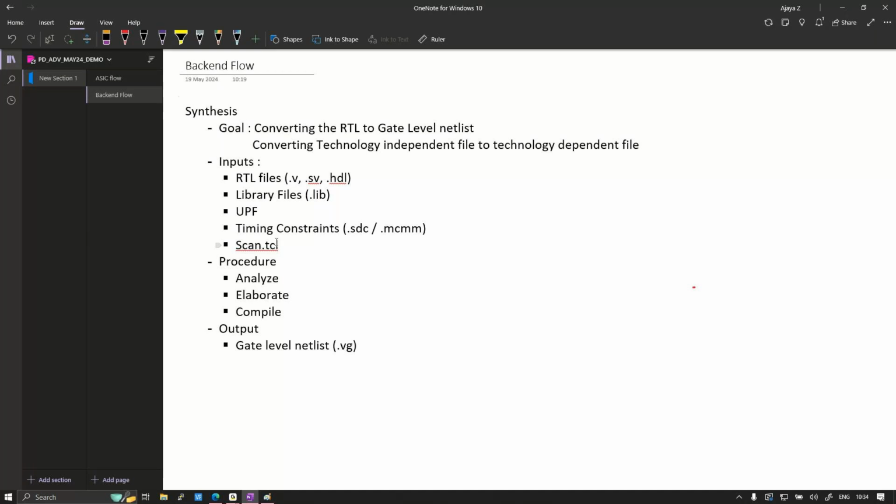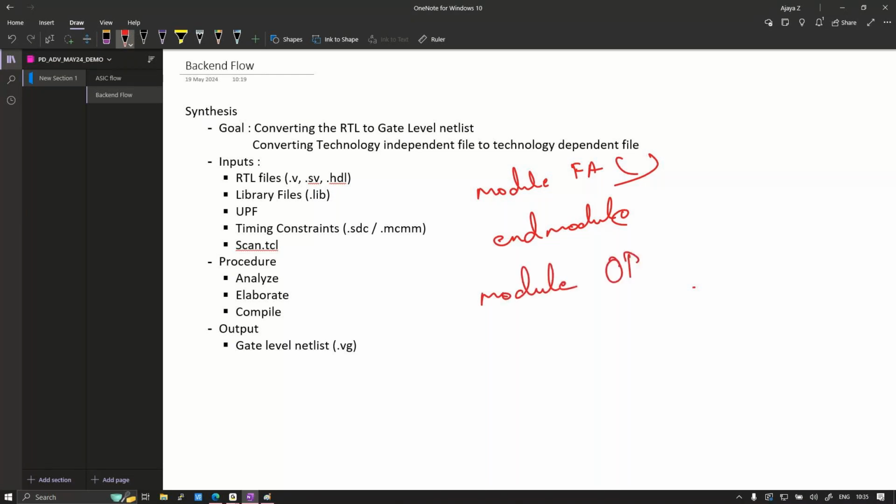Let's say I have already defined a module full adder, and I have another module. In this, I want to use this full adder multiple times.